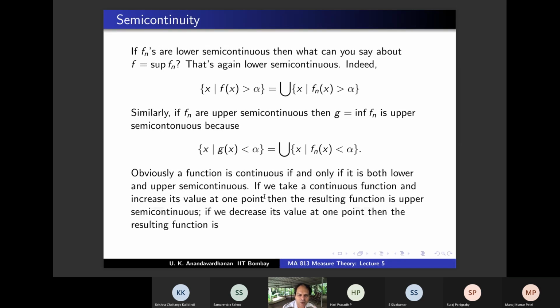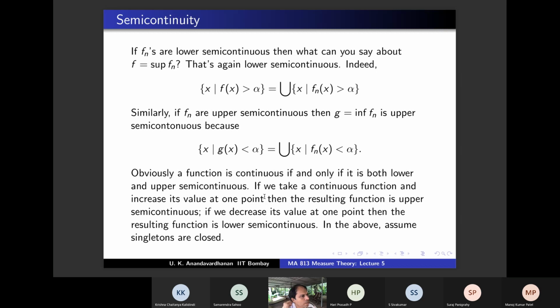Similarly, if we decrease its value at one point, then according to our definition, the resulting function is lower semi-continuous. I'm assuming singletons are closed, so that if you have an open set and you remove one point, what you get is still open. So if the singletons are closed. Singletons are always closed in a Hausdorff space, no?